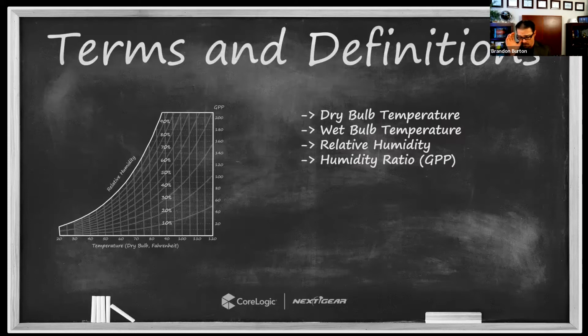In order to do this today, by the way, we're going to spend a lot of time on the psychrometric chart. If there is one action that I'm going to ask all of you to do at the conclusion of today's presentation, it is to start using a psychrometric chart more regularly. And I'm going to make this suggestion a couple of times, but in your inspection kit, on your desk, wherever you're working on a daily basis, have a copy of a psychrometric chart, laminate it, and then grab a dry erase pen and start getting in the habit of actually using the psychrometric chart to understand what's happening on a drying project.